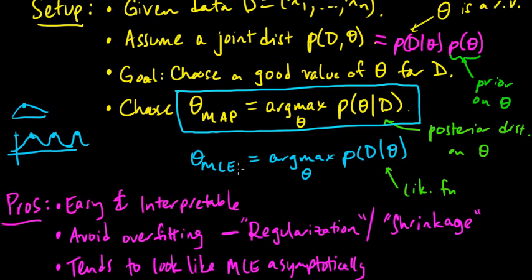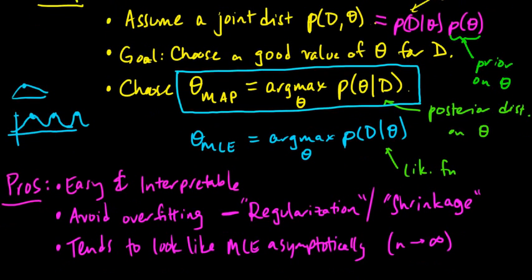Since the MLE has some very nice interpretations, and when you assume a prior you're changing things from that natural interpretation, it's nice to know that as n goes to infinity, where n is the number of data points, your prior is being overwhelmed by the data.